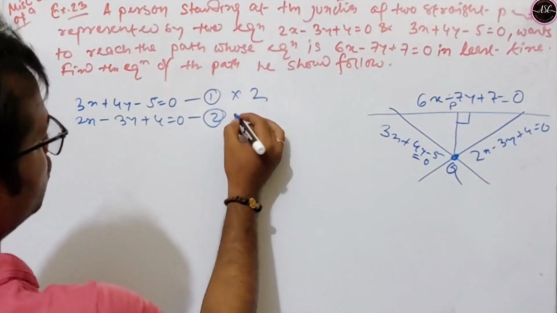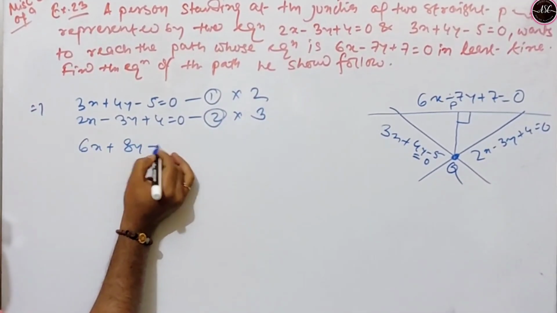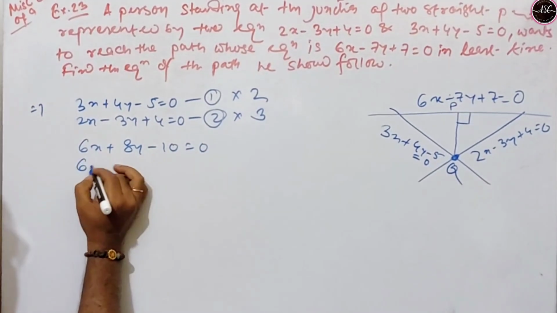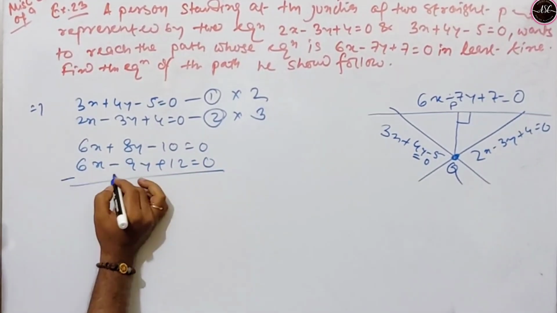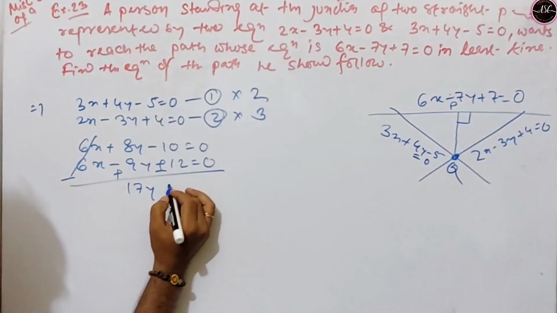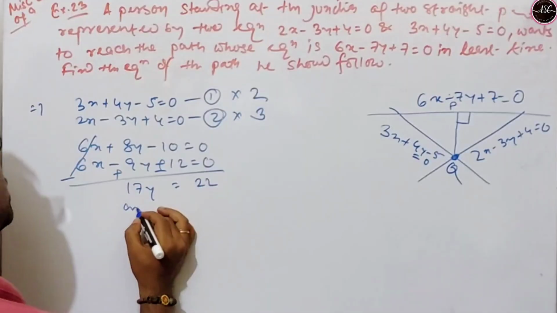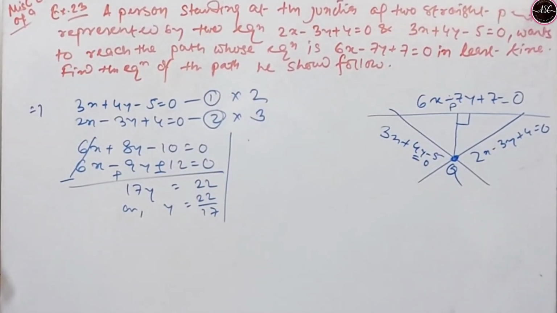Now multiply this with 2 and this with 3 and solve them. So we have 6x plus 8y minus 10 equal to 0 and 6x minus 9y plus 12 equal to 0. By solving this, we get, this will be cancelled out, and here 17y equal to 22 or y equal to 22 by 17. And putting the value of y in equation 2, we get the value of x.